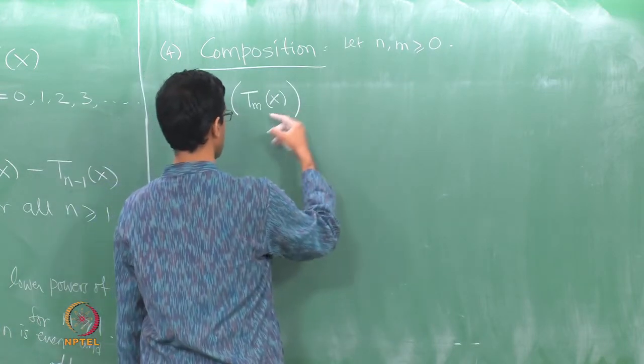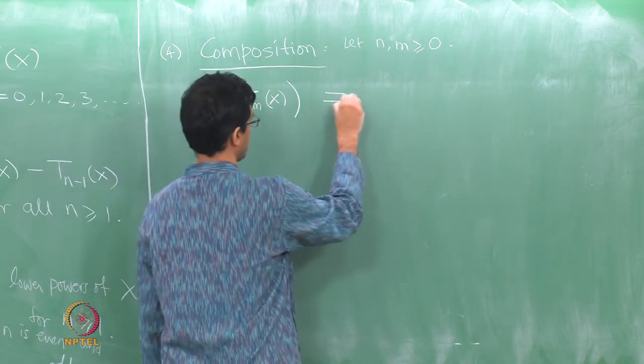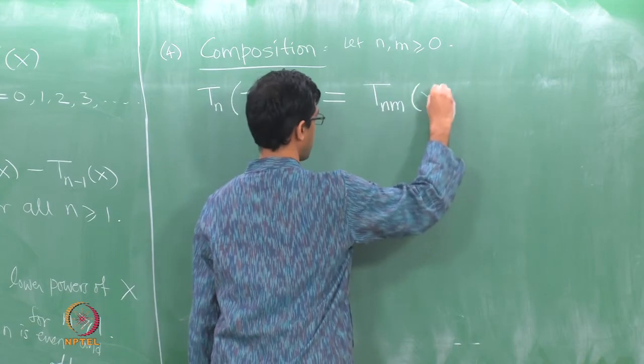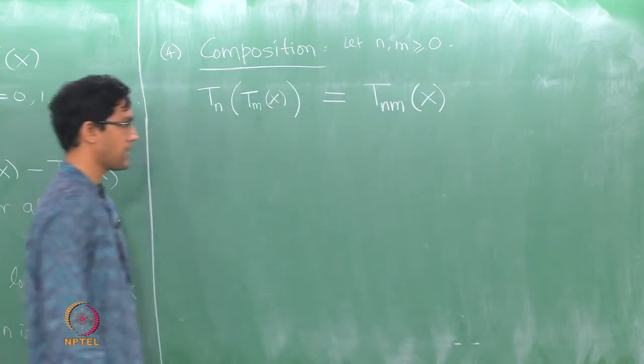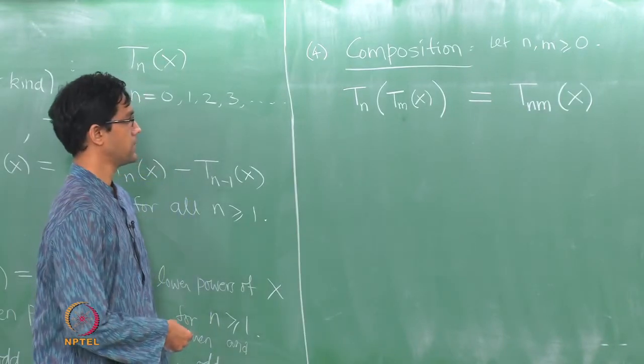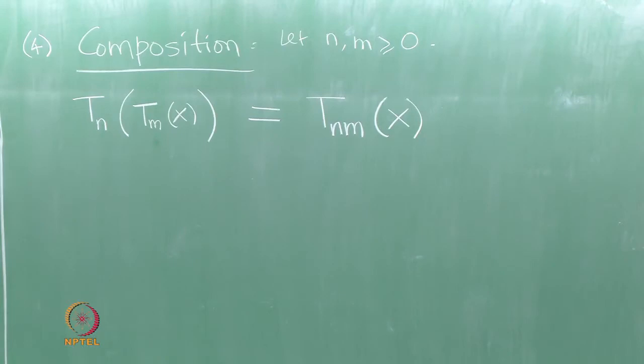What this gives you is, in general, a polynomial of degree n times m, right. That is the best you can say, but in fact it turns out to be the Chebyshev polynomial itself of degree nm. It is rather interesting that when you compose two Chebyshev polynomials, the answer is again a Chebyshev polynomial.